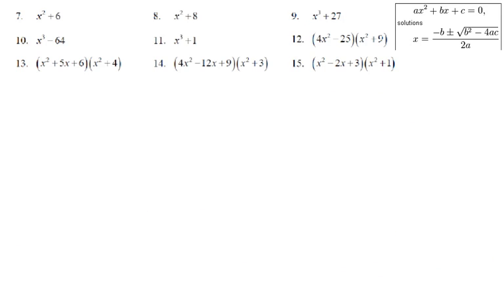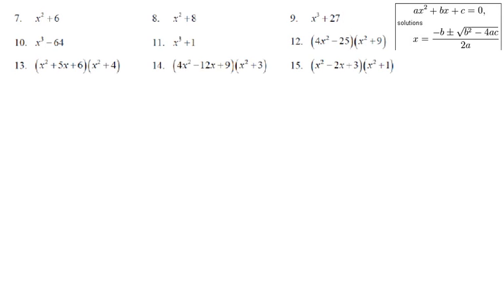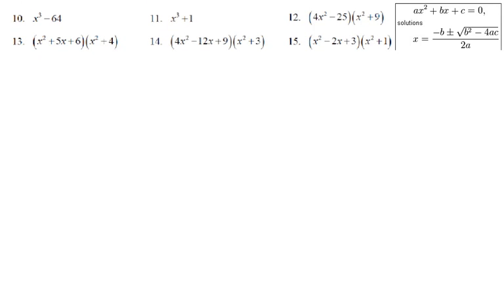Okay, now number 10. I think we've got the same idea going on here. We've got that cube here on number 10, so to factor it we use that. That's like x cubed minus 4 cubed.